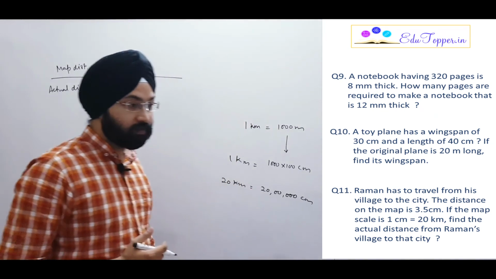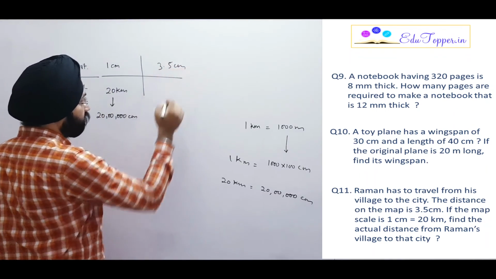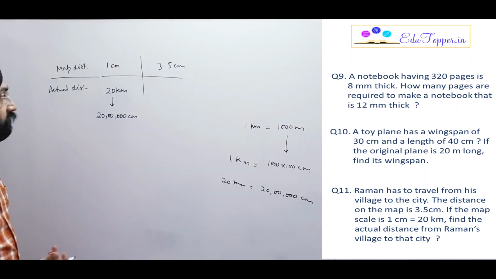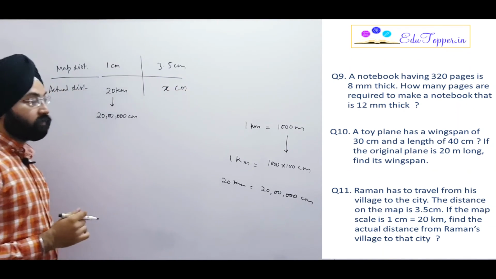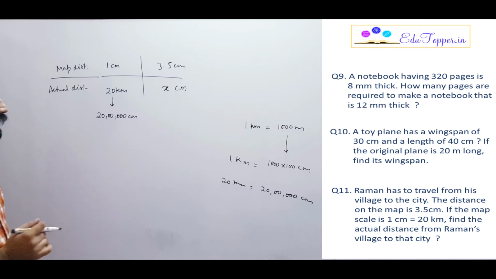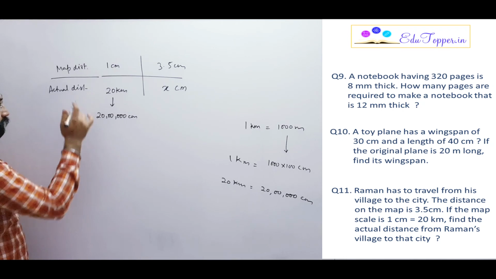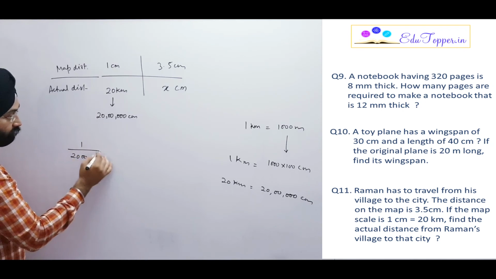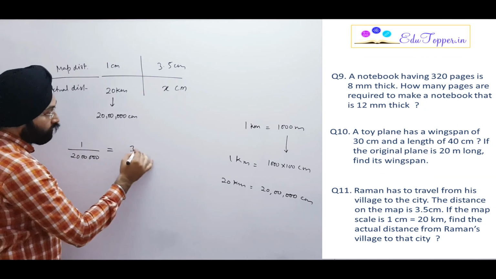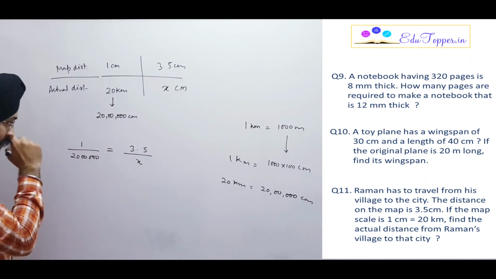So the question is saying, if the map is showing 3.5 centimeters, what is the actual distance? Let the actual distance be x centimeters. So map distance by actual distance is 1 by 20 lakhs should be equal to 3.5 by x, right?